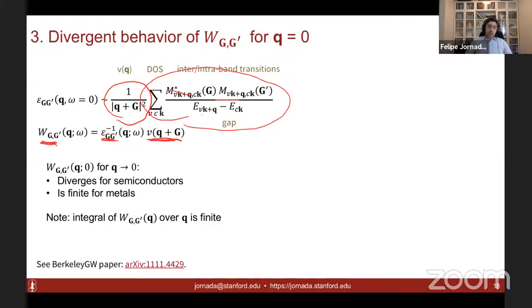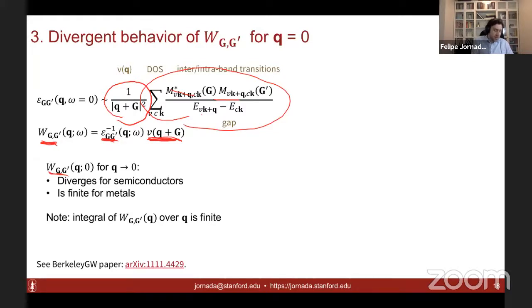So we still have one problem when evaluating W, even though the evaluation of epsilon we managed to solve. The problem is that this W actually diverges for semiconductors. If you look at something like silicon, we know that epsilon for silicon is 12. So epsilon inverse for Q going to 0 is well behaved. It's 1 over 12 roughly. But the Coulomb interaction diverges as 1 over Q squared for a semiconductor.